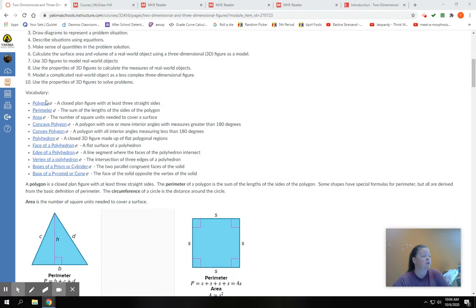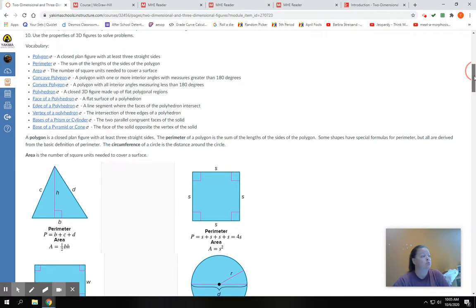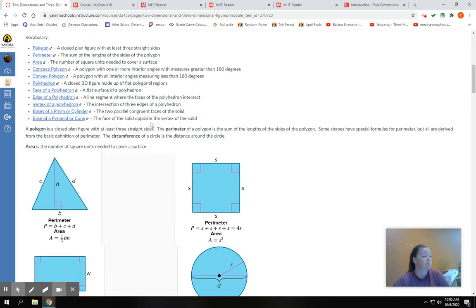There is a lot of vocabulary because we're going to go over all the stuff for two-dimensional and all the stuff for three-dimensional. So there's a ton of vocabulary. Make sure that you go through the vocabulary. It's on here for you. I will explain a little bit of it as we're going through as well.